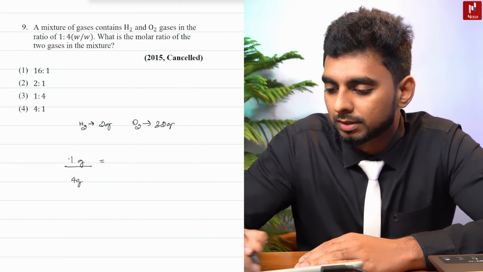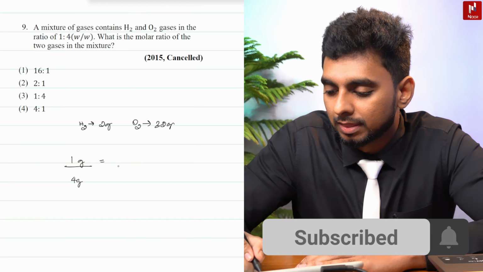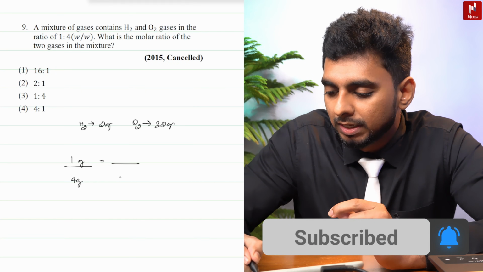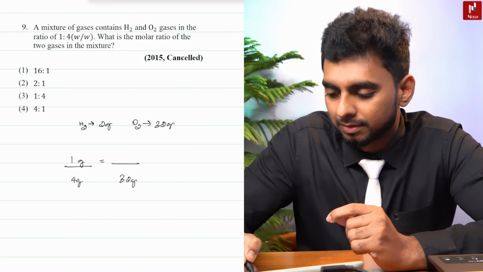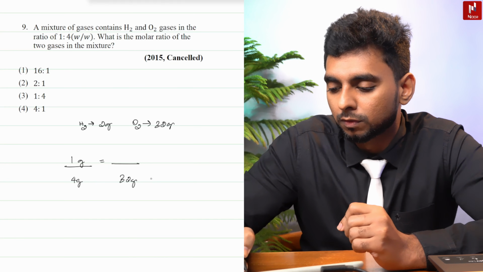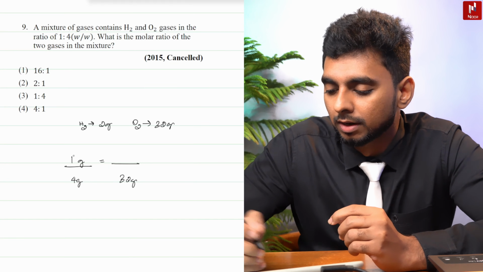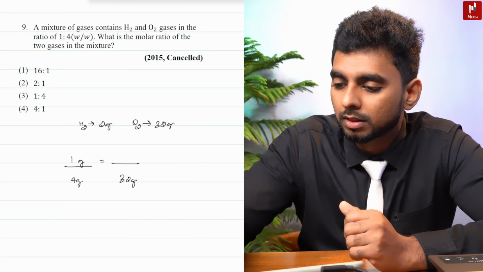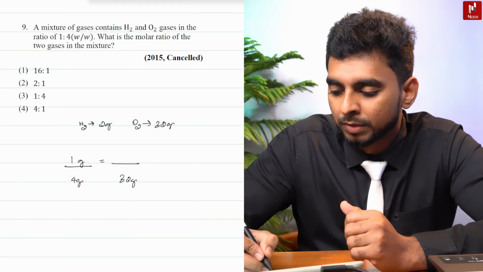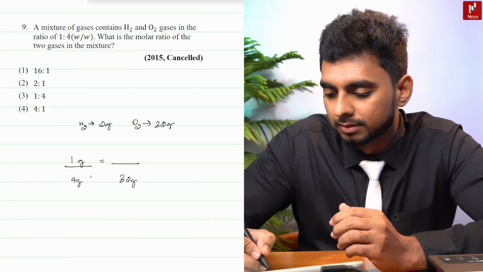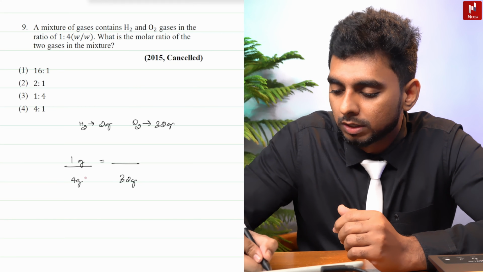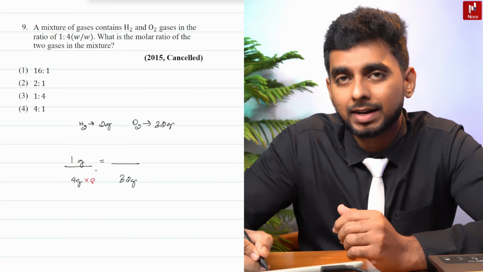If I have to do such a comparison, then if it has to be 32 gram of oxygen, how much amount of hydrogen should be there in it? So if I have to get 32 gram, then what should I multiply over here? It should be 8, isn't it? Yeah, 8 into 4 will give you 32 gram. Therefore, I'll have to multiply 8 in the denominator.